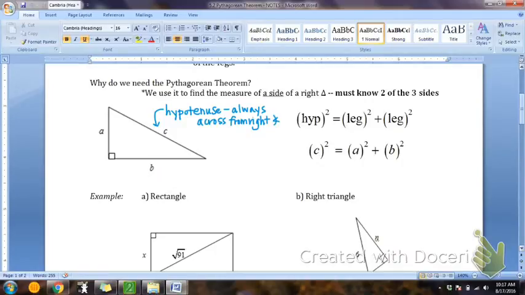So sometimes students need to draw an arrow line across so that they can remember which one is which. Then the other two sides are just called legs. They don't have any fancy names. This is a leg and this is a leg.